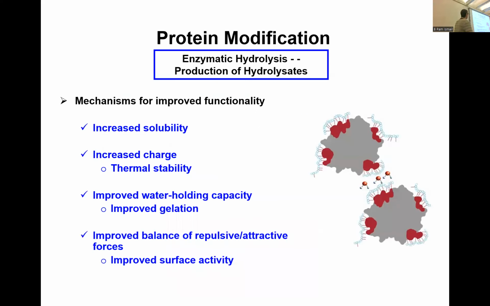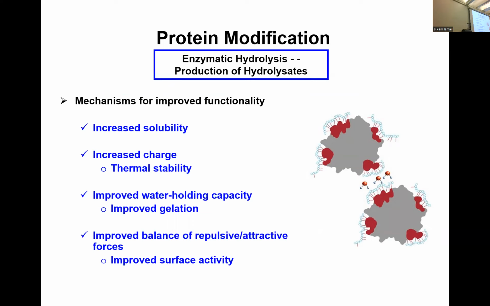So what's the mechanism behind improved functionality? When we hydrolyze, theoretically, we are releasing amine groups and carboxyl groups, so we have more ionizable groups. So theoretically, we enhance solubility, and having more charge, we have more thermal stability because we have repulsion between the proteins, so we prevent polymerization.